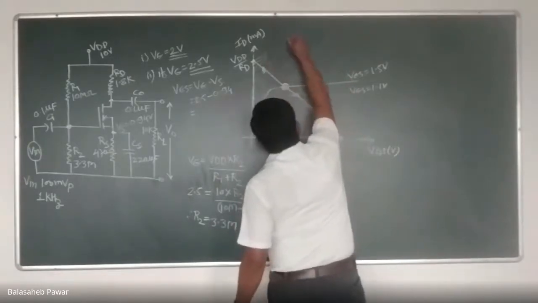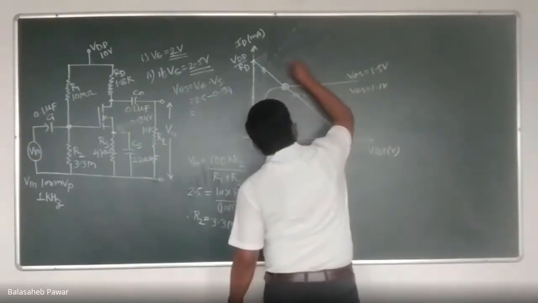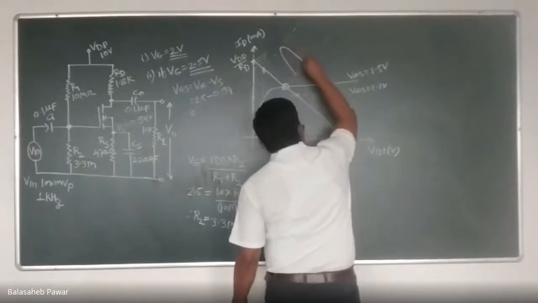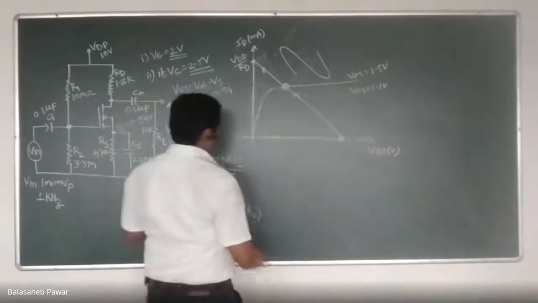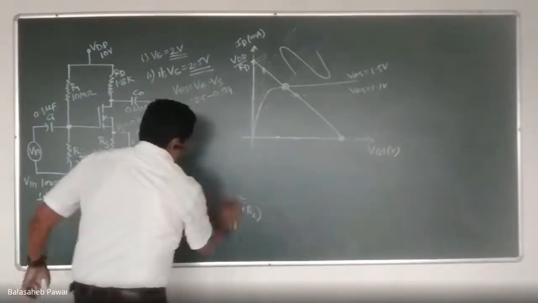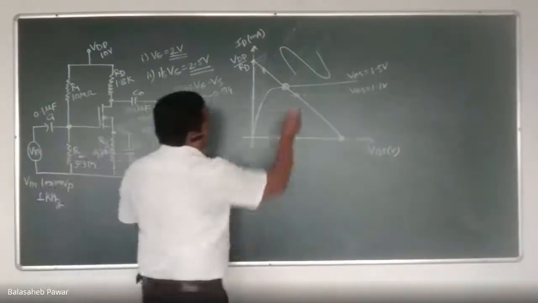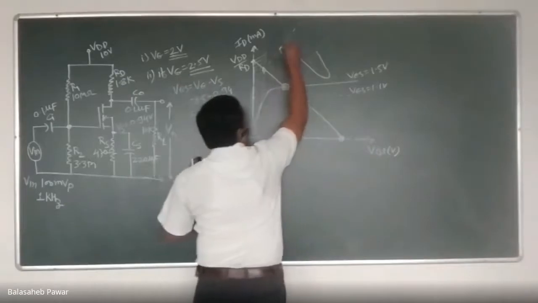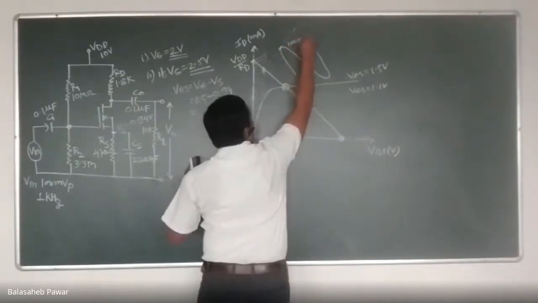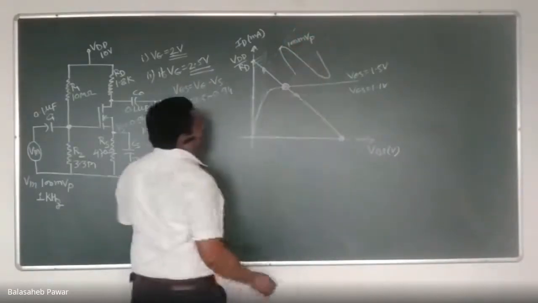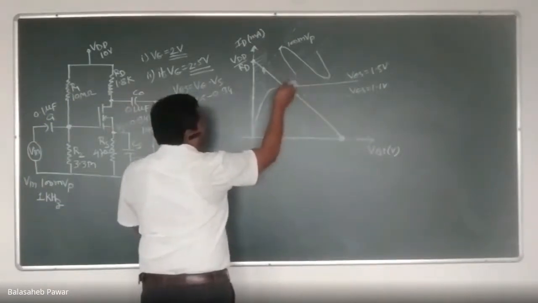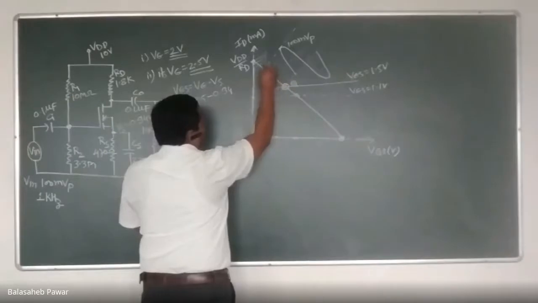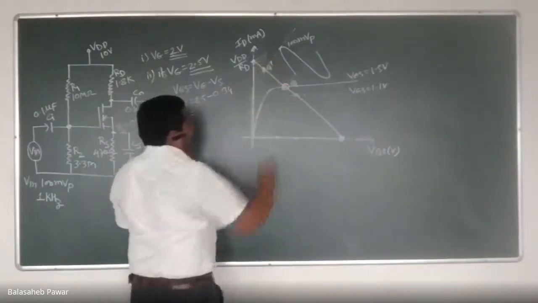Now again apply the input. If I apply an input signal of 100 millivolts peak like this, now check the output voltage. Suppose this is 100 millivolt peak. During the positive half of input, our Q point will get shifted from Q to Q dash over here.